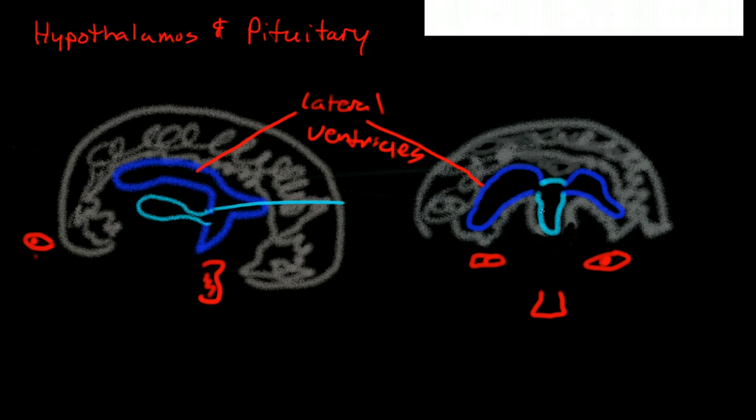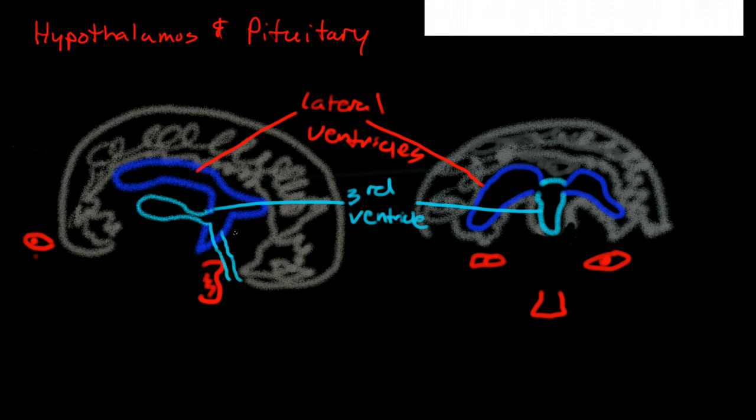Now this light blue structure here would be the third ventricle. And if you remember, the third ventricle lies in the middle of the brain and drains into the fourth ventricle, which would be down here.